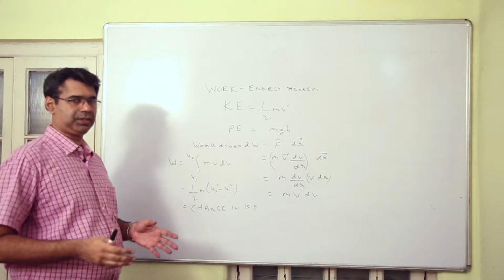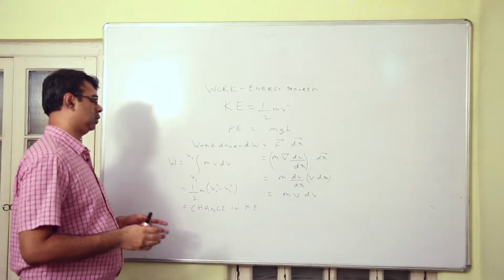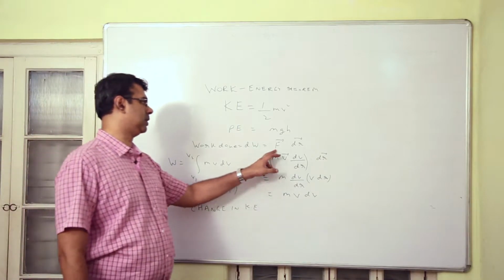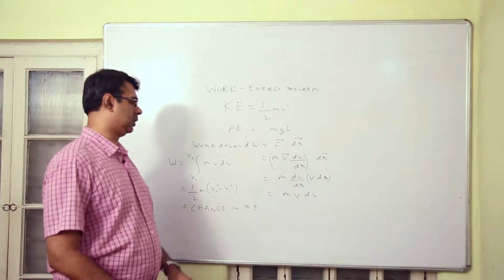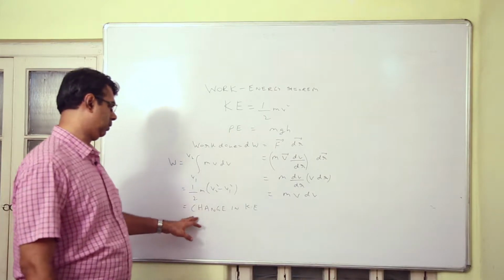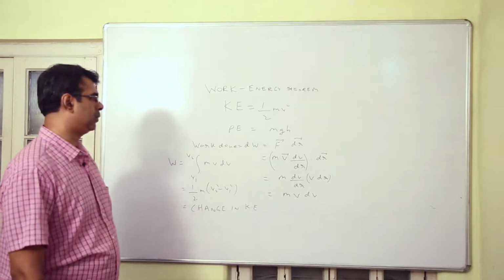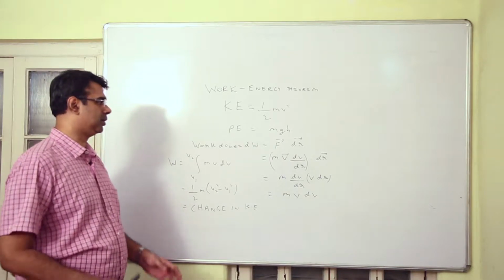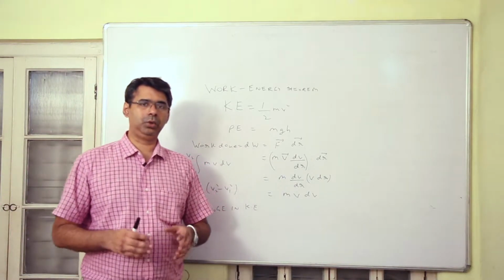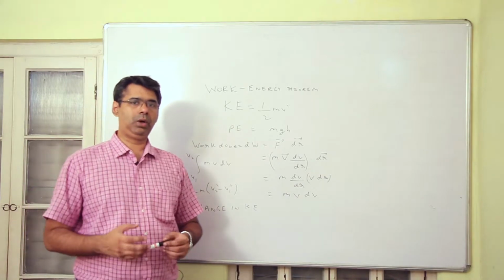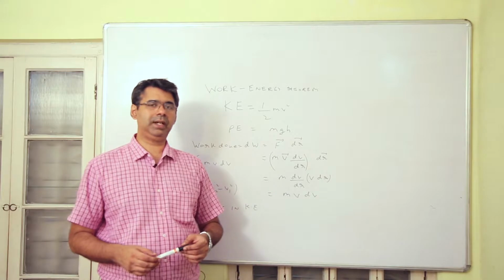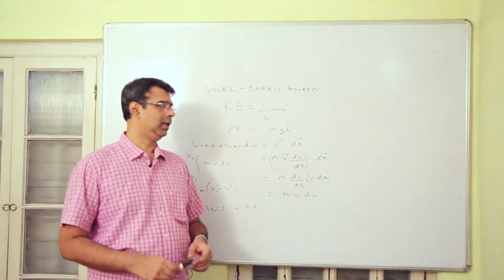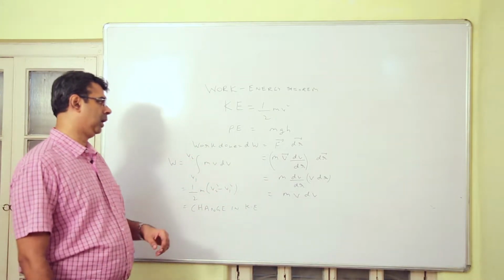So you have a system and the total force on that system is F. So the work done by that force F will be equal to the change in kinetic energy. So work energy theorem states that the total work done by all the forces acting on a system is equal to the change in kinetic energy of the system. That is work energy theorem.